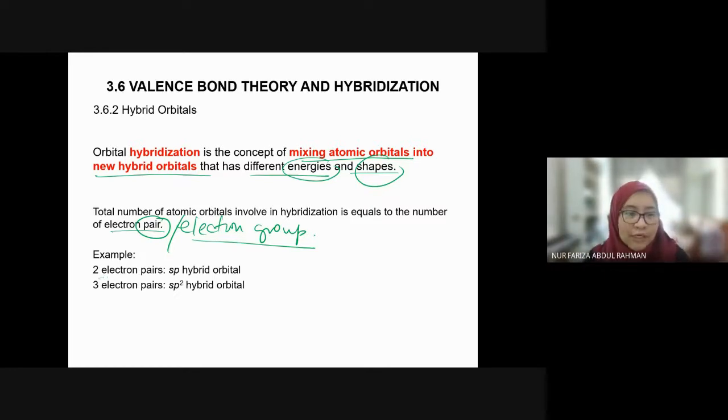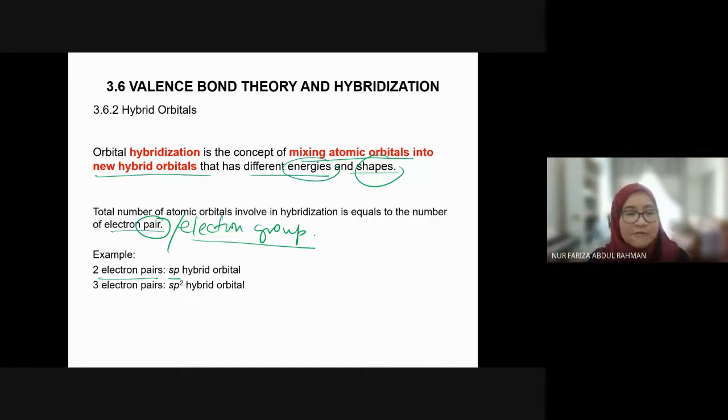So if we have 2 electron pairs or 2 electron groups, it will be S and P hybrid orbital. Okay, alright. So the hybridization that we cover in our syllabus is between S and P, S and P, SP and SP and D. We do not cover F, because F has many orbitals and it's complicated.